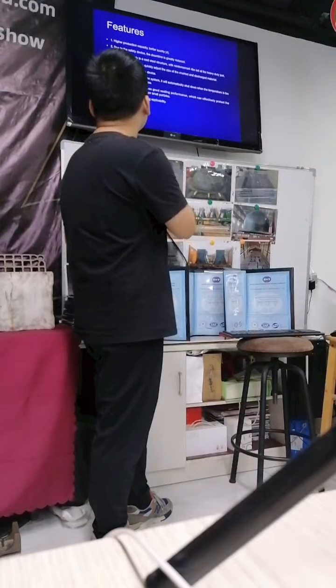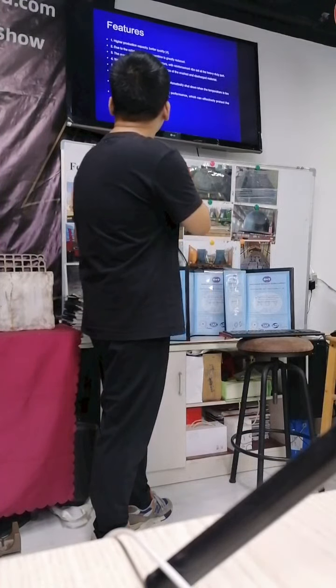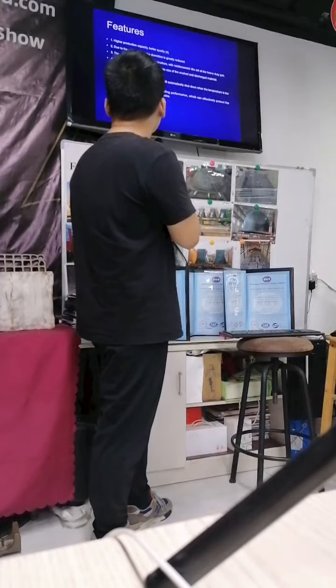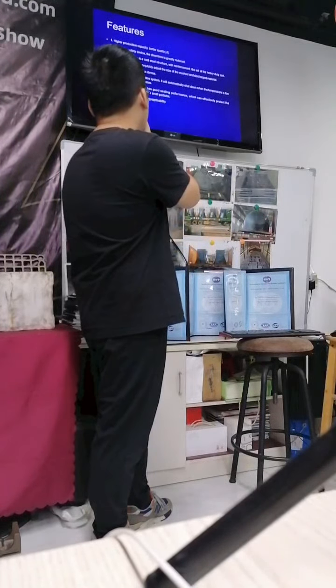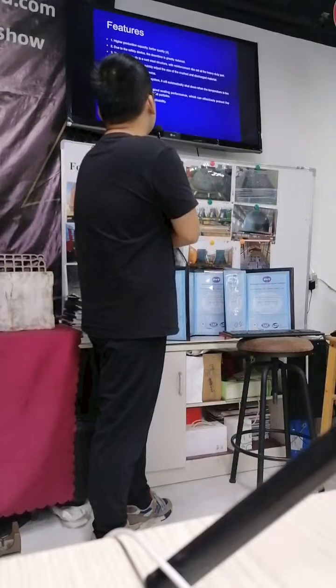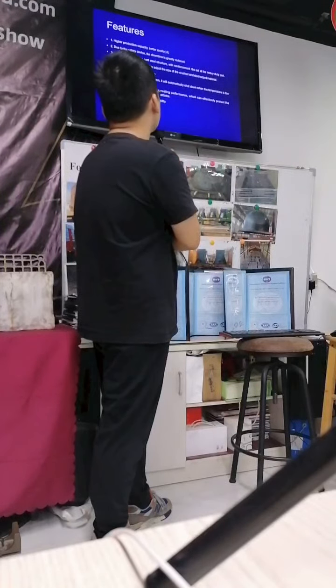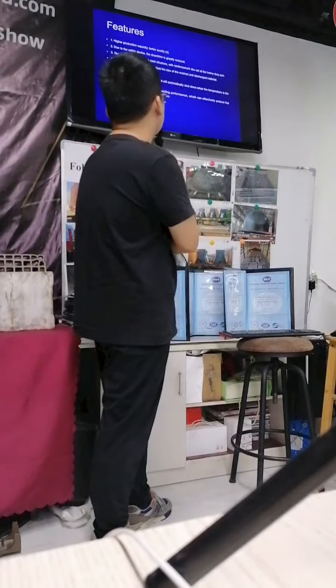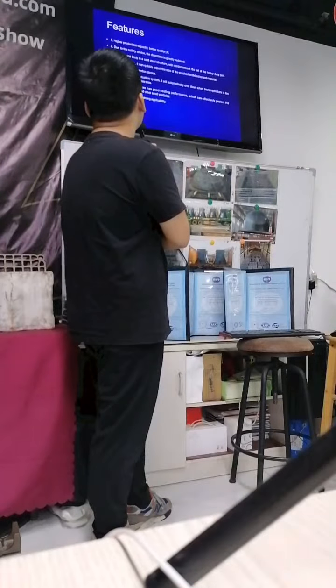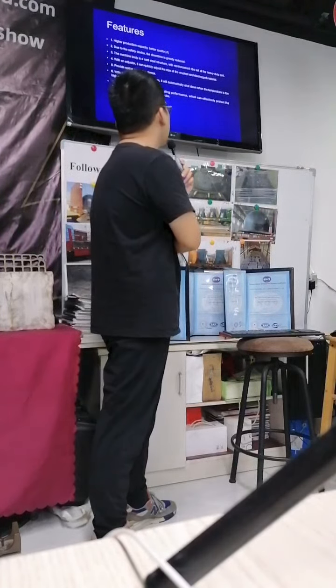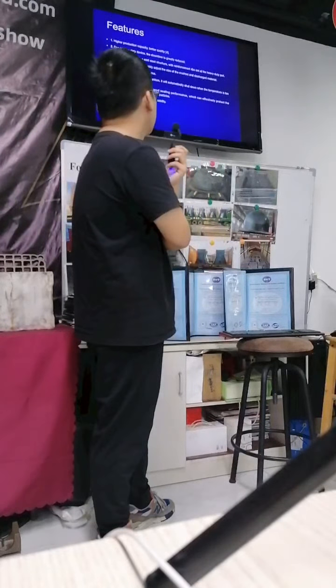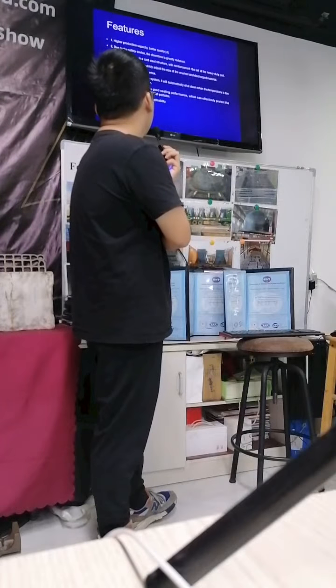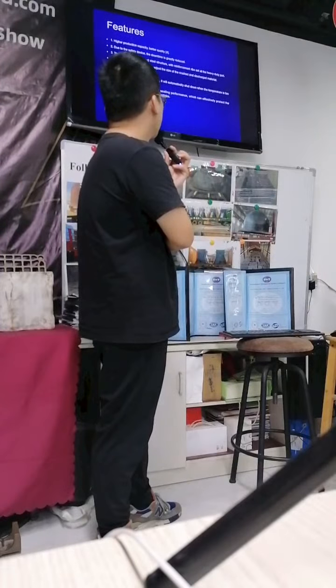And the seventh advantage is because its internal structure has a good sealing performance, which can effectively protect the equipment from dust and other small particles. And the last advantage is it has long service life and strong applicability.